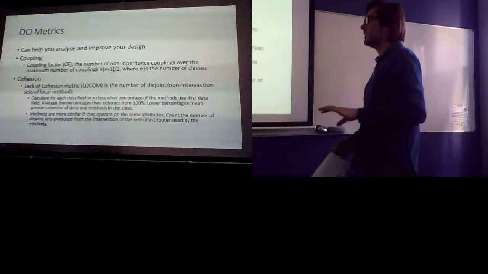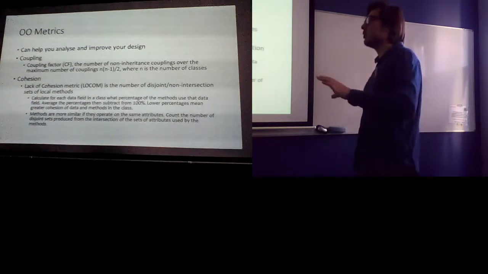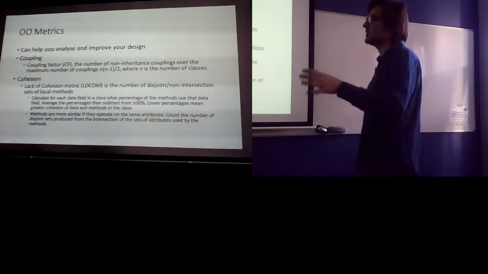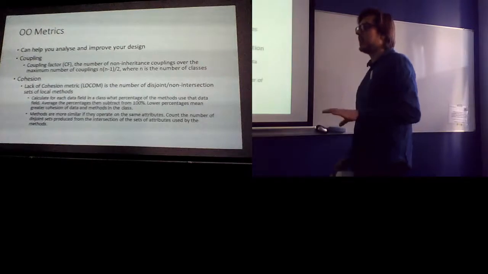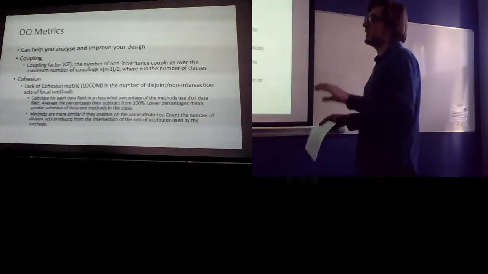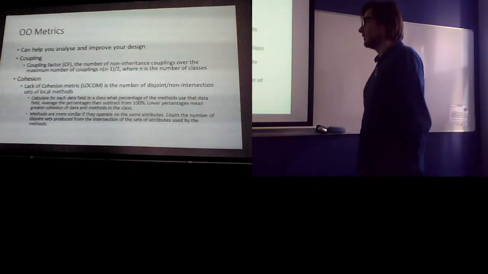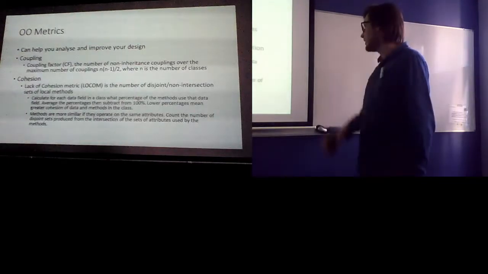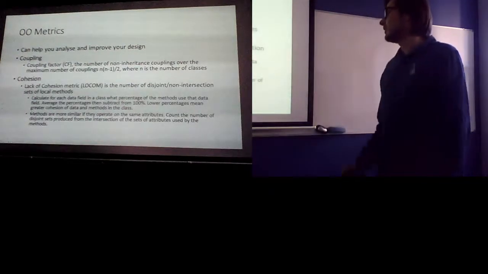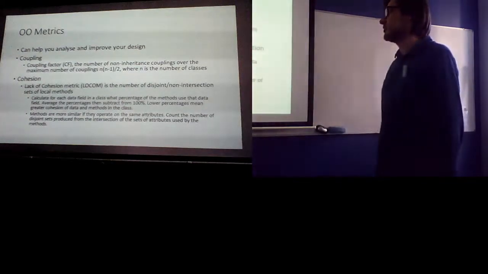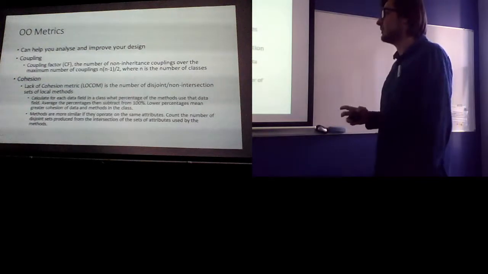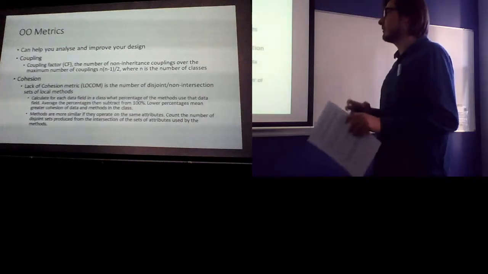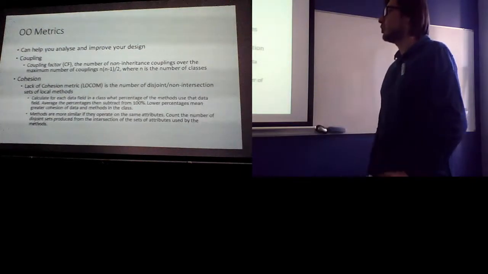By this you can find the cohesion metric of this object, by finding how coupled the data and the methods inside the object are. You can also calculate a percentage, and the lower the percentage, the greater the cohesion. When a lot of methods access most of the data fields, you have high cohesion because they all operate on the same data.